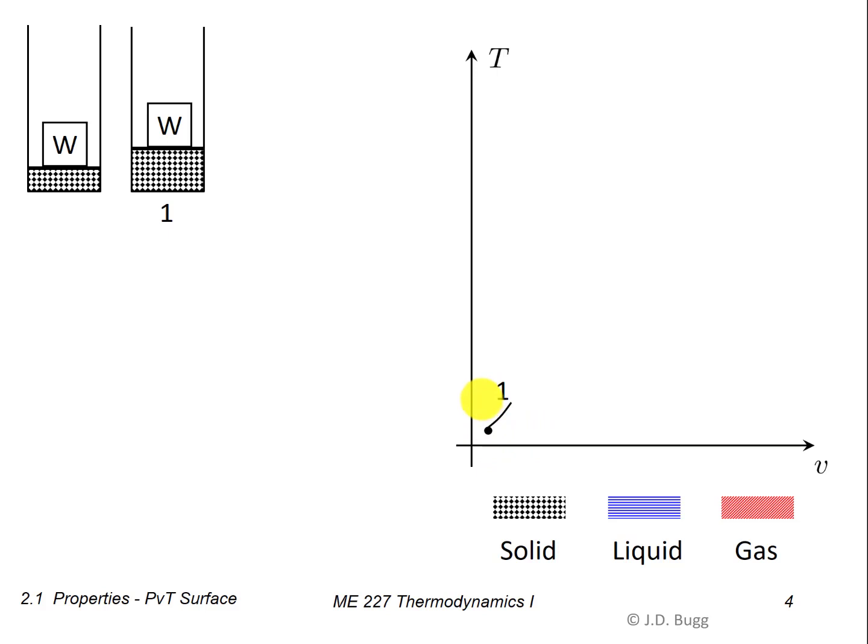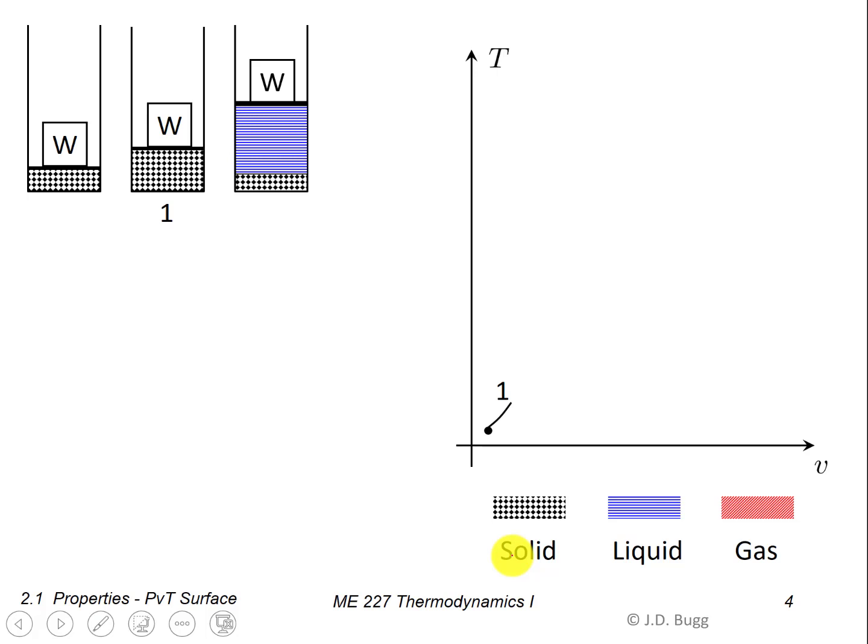Now that temperature increase will continue until we reach the melting point of this substance. And as soon as we reach the melting point, some of this is going to start to melt. So here we see a two-phase mixture, solid down in the bottom, but a portion of it has now melted and become liquid. So we now have a two-phase mixture.